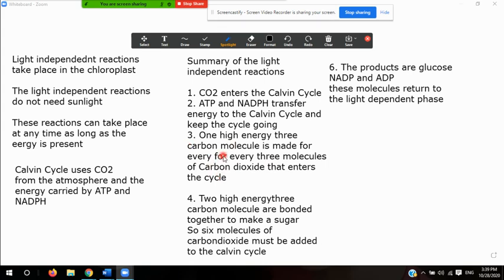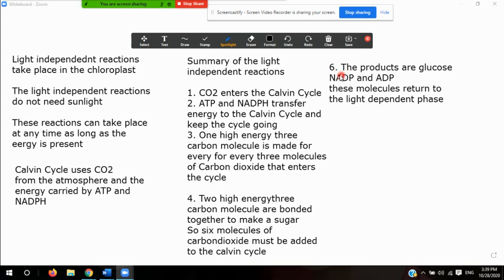Once that is made, it goes on to the next step where now we have two high energy carbon molecules being made. So we have one high energy 3-carbon molecule made in the third step. Then in the fourth step, we have another high energy 3-carbon molecule made, and that makes the sugar, right?